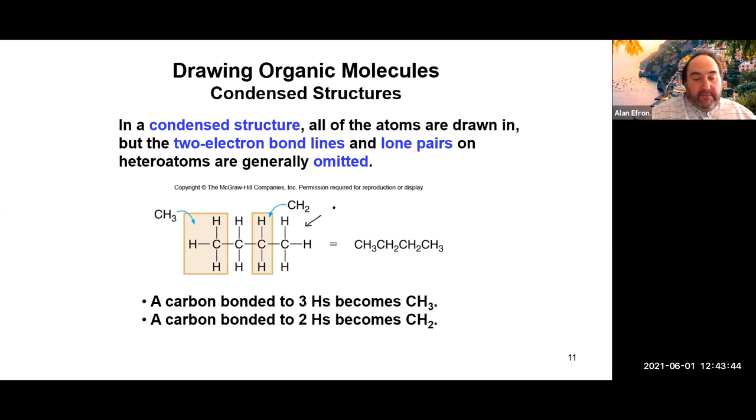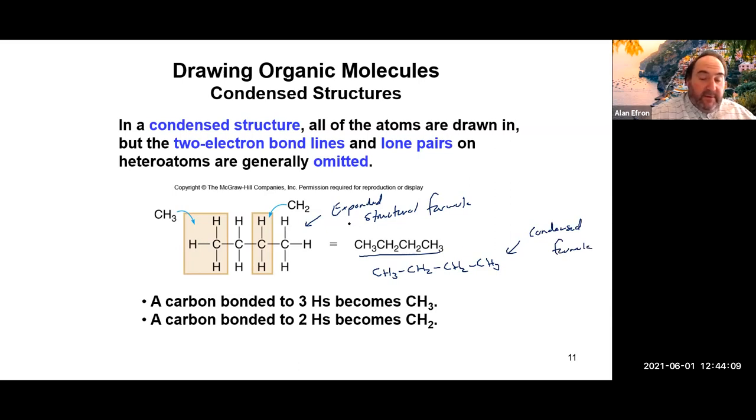This is what is sometimes referred to as the expanded structural formula. This is really a condensed formula, and a lot of times people will write it more like this with the actual dashes in it, which is very common. And this is what is referred to as the condensed formula.